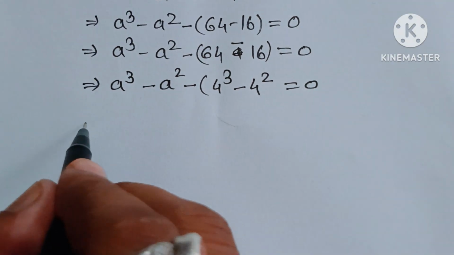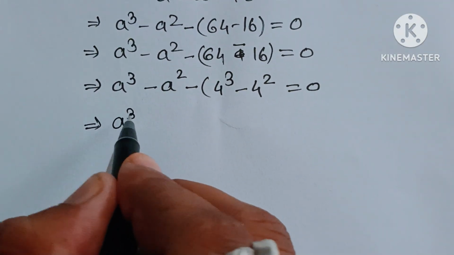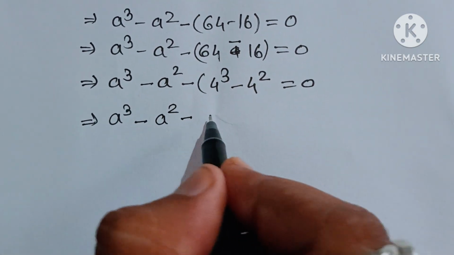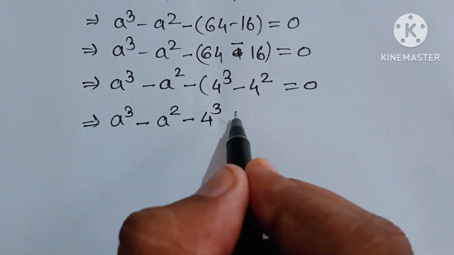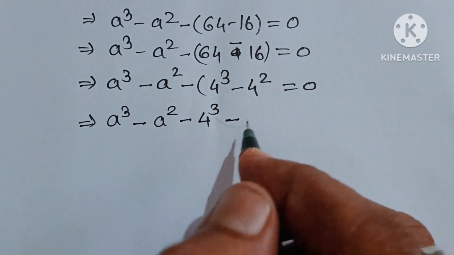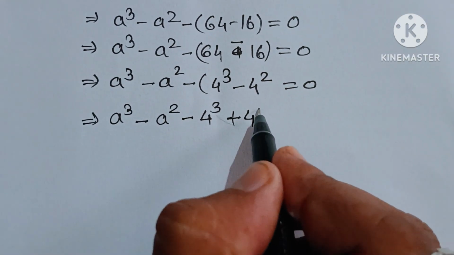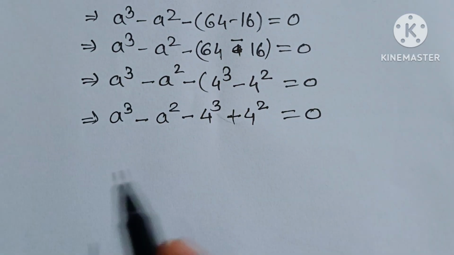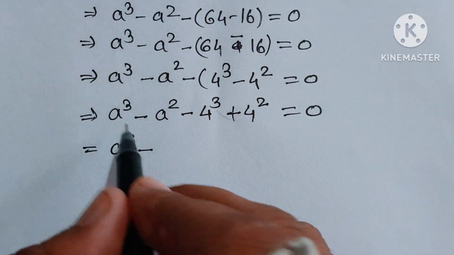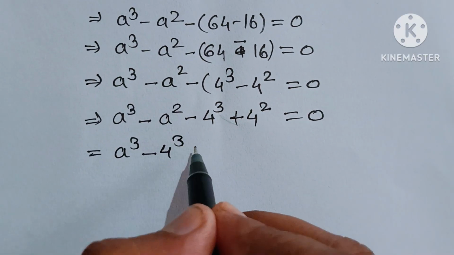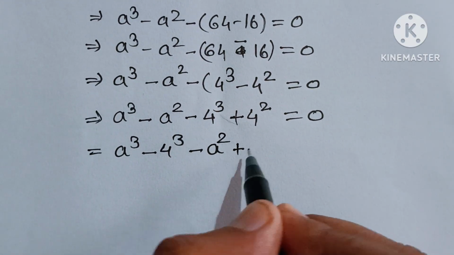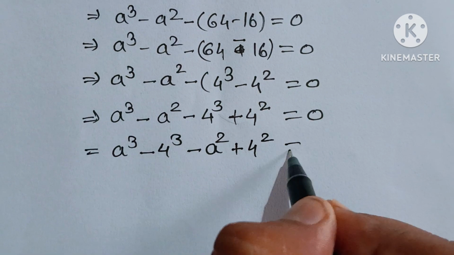Now a³ − a² − 4³ + 4² = 0. So we write this a³ − 4³ − a² + 4² = 0.